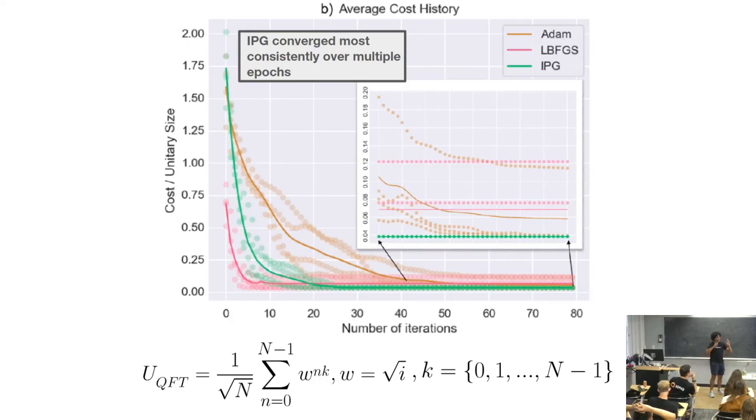When we look at state vectors, so this is the graph of the full unitary, we find that IPG does achieve the lowest cost, but its best run was not the fastest. When it comes to state vectors, it achieves the lowest cost with the lowest number of iterations, and that's the difference between those two.